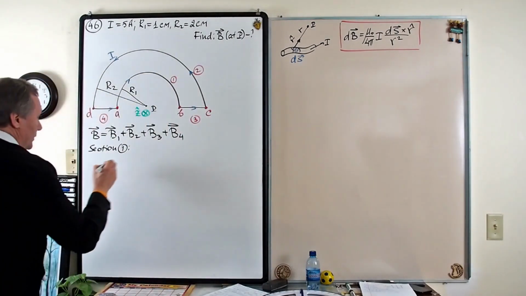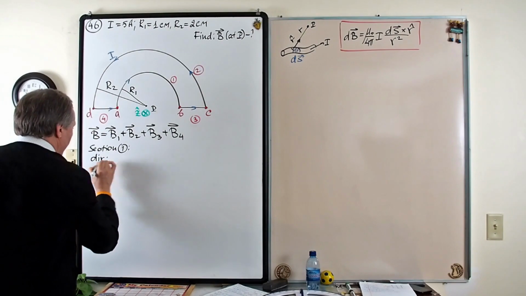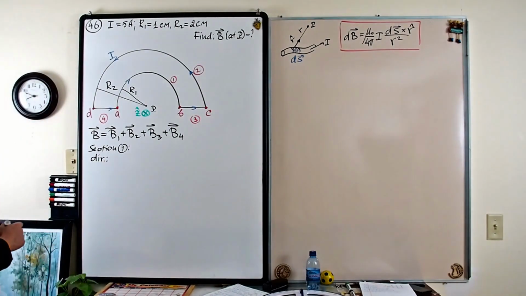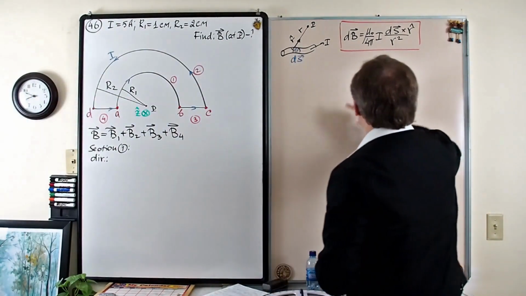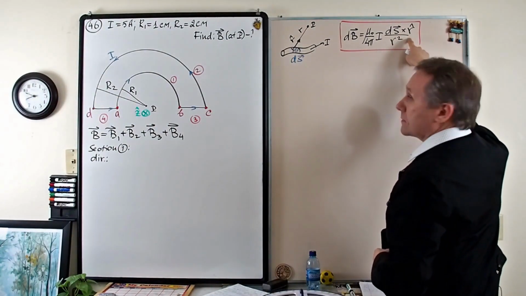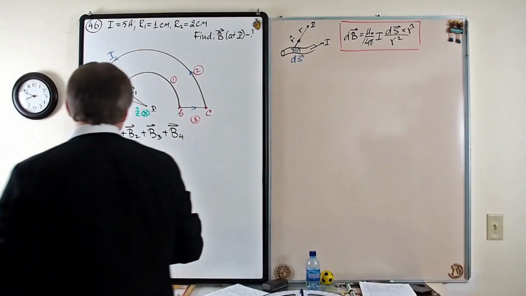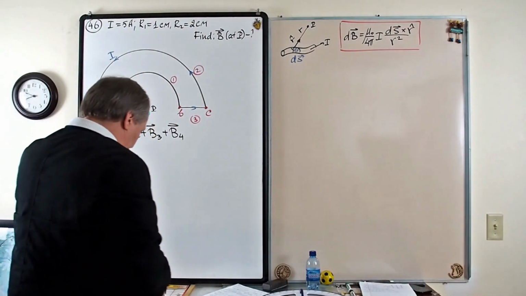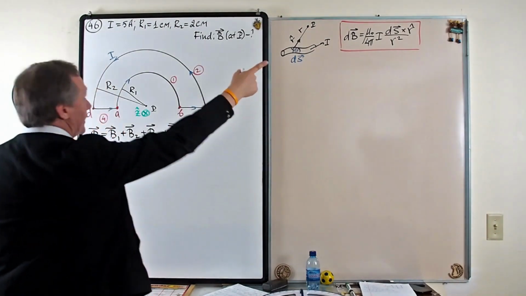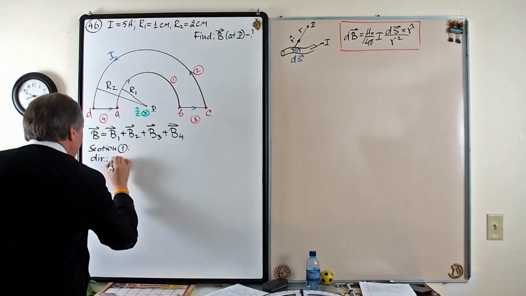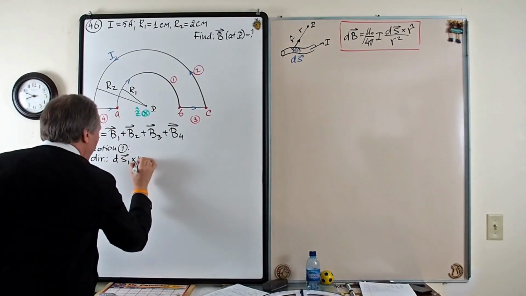So let's start with direction. And what determines the direction of the magnetic field? This part, ds cross r. You know what, let me just look at the direction, ds cross r.